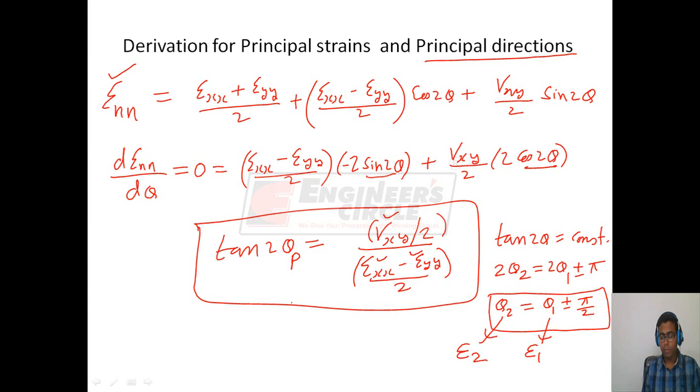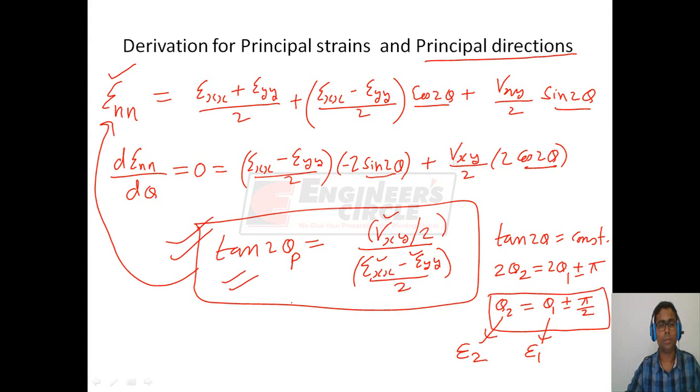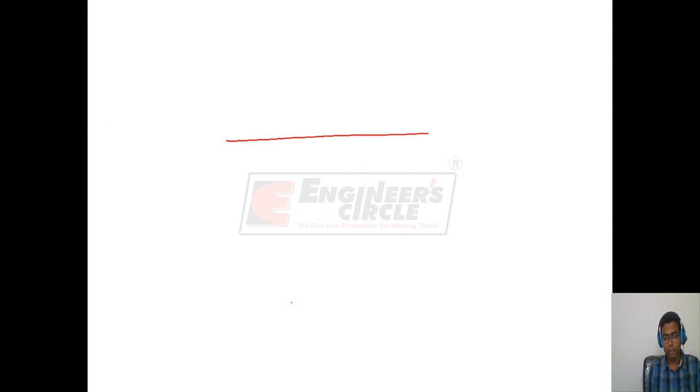To find the value of epsilon 1 and epsilon 2, we have to put the angles from this equation into the epsilon nn equation. To find the value of sin 2 theta and cos 2 theta from this equation, follow this simple procedure. Draw a horizontal line with O as origin.